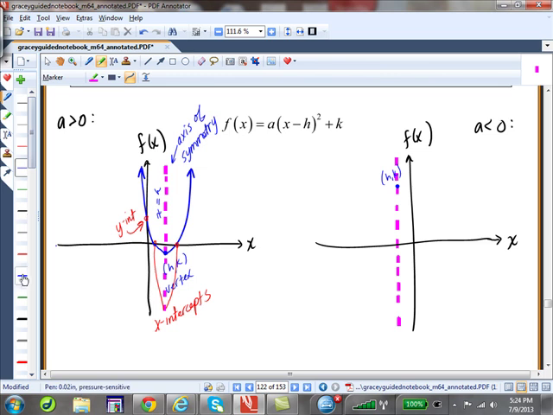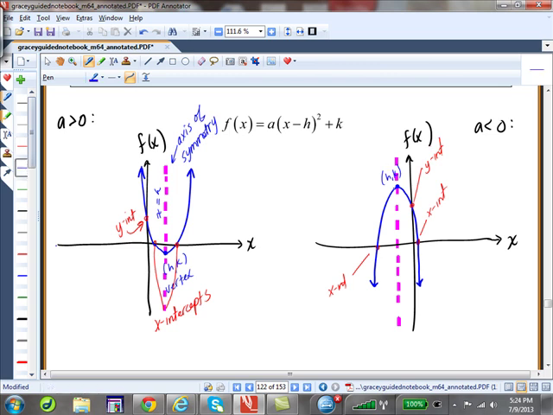And then we would have our X-intercepts here and here, and our y-intercept would be here.